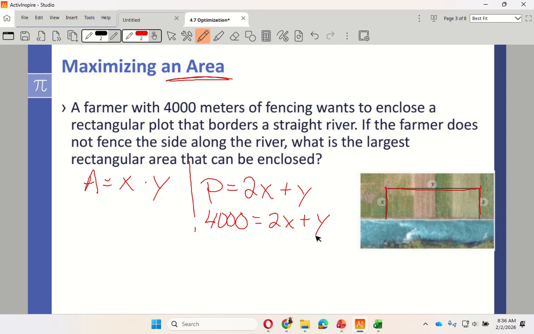I can say y is equal to 4,000 minus 2x, just by subtracting my 2x from both sides, right? Now, that's going to go into this side over here. A is equal to x times 4,000 minus 2x.